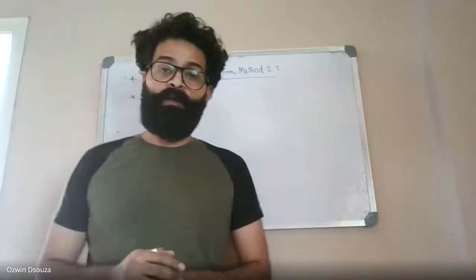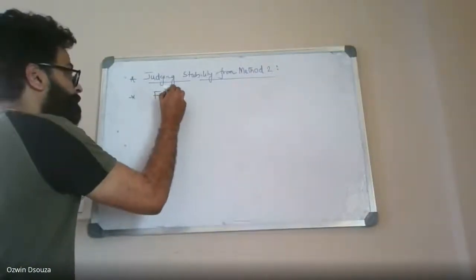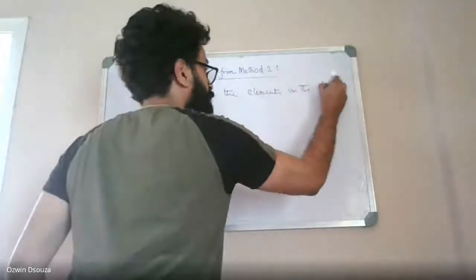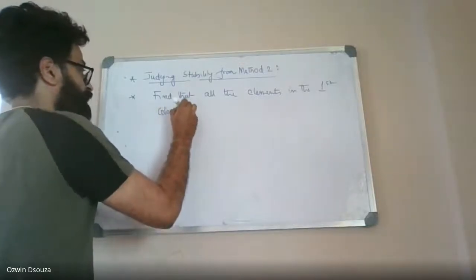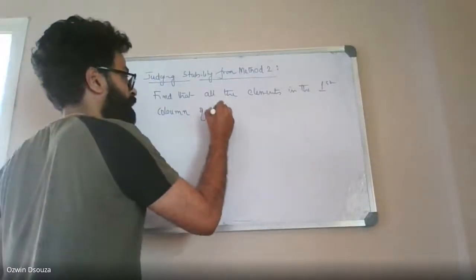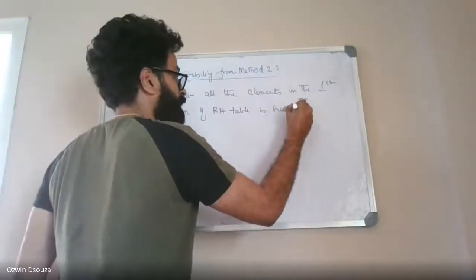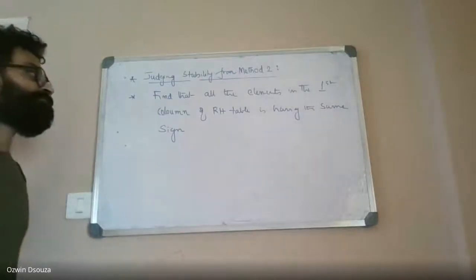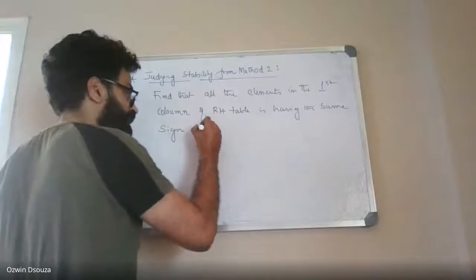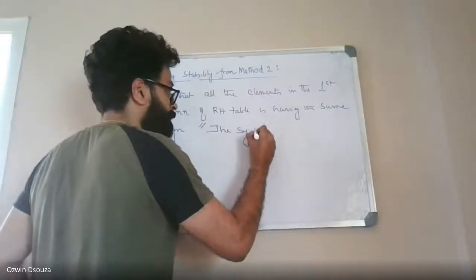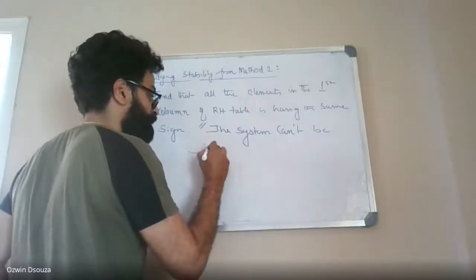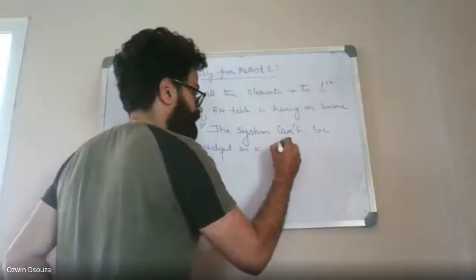Now, after completing the table, if you find that all the elements in the first column of the RH table have the same sign, the system can be judged as a stable one. This is very, very important.